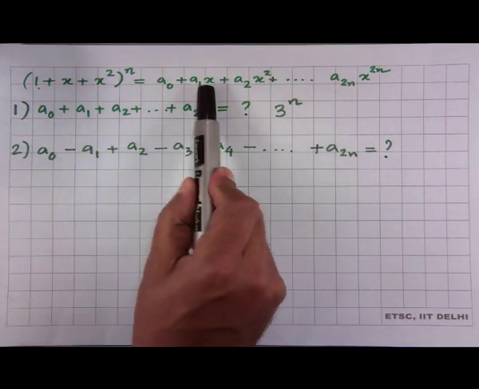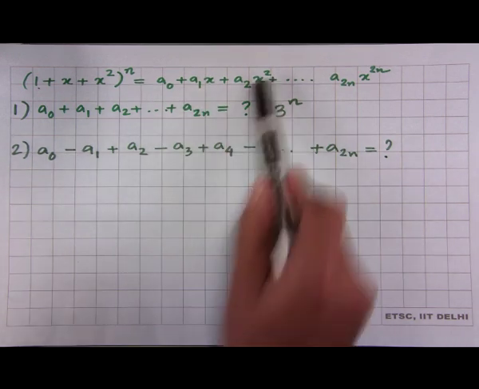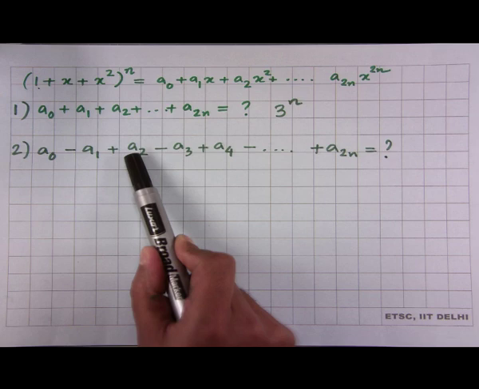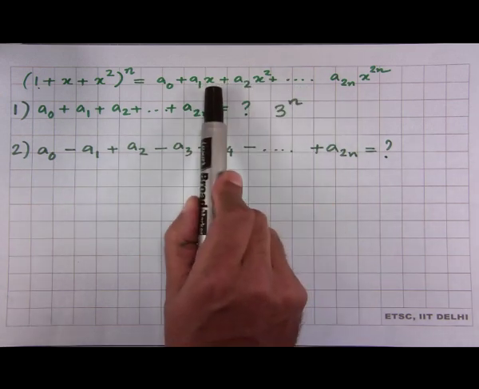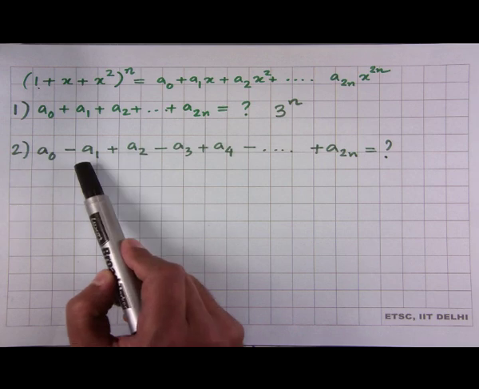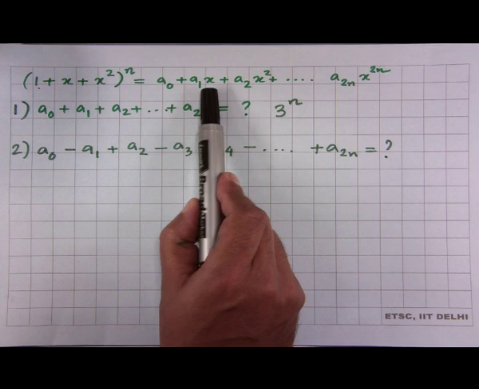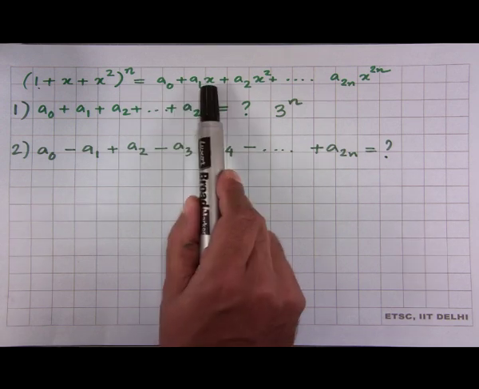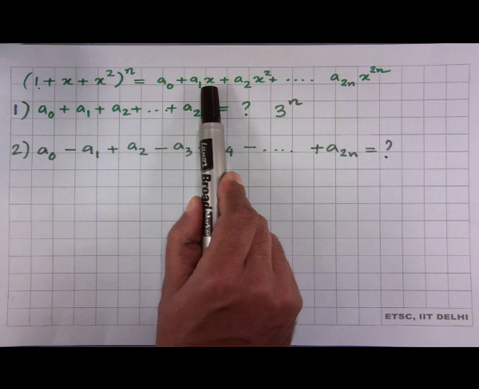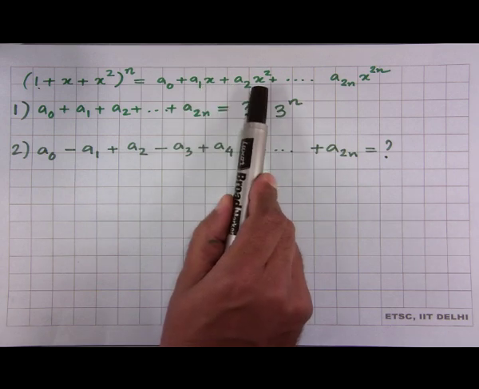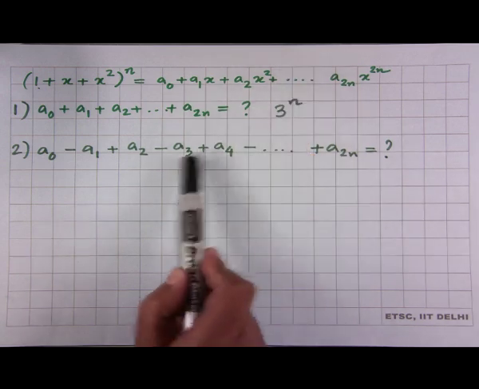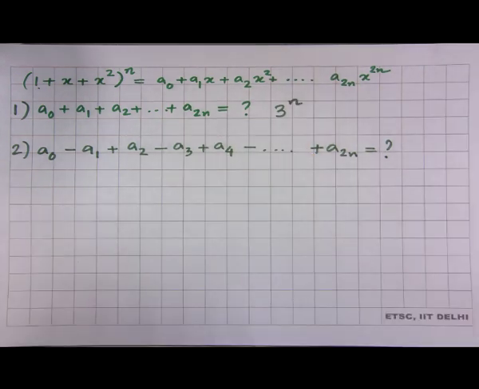So, this term has to be a minus, this term has to be a plus. What does it remind you of? x is equal to minus 1 will do the job, right. a naught minus a 1 plus a 2 minus a 3 and so on and so forth.